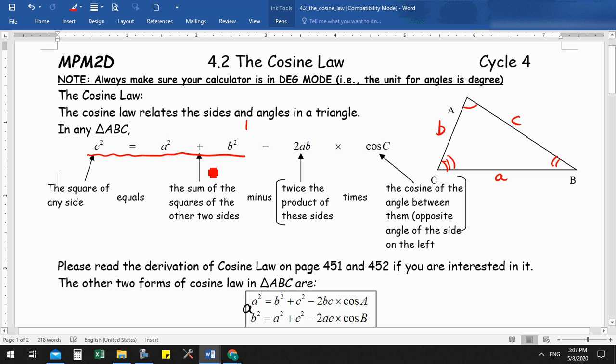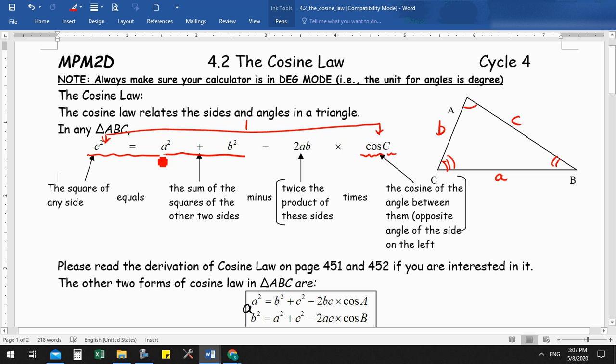They are similar, but here we don't have the right angle, so we need to add this part: minus double of the product of the other two sides, then times, because it's cosine law, cosine. The angle C and the side C must be in pairs: one is at the very beginning of the cosine law, another is at the very end. So side C, angle C, you have cosine here.